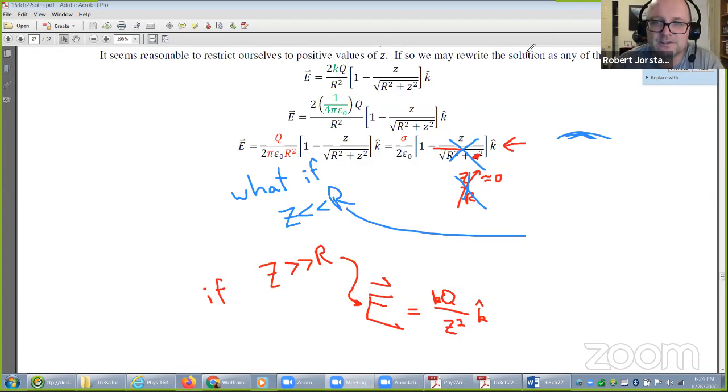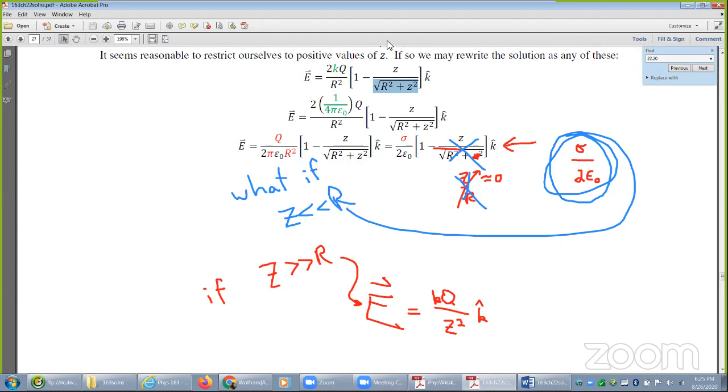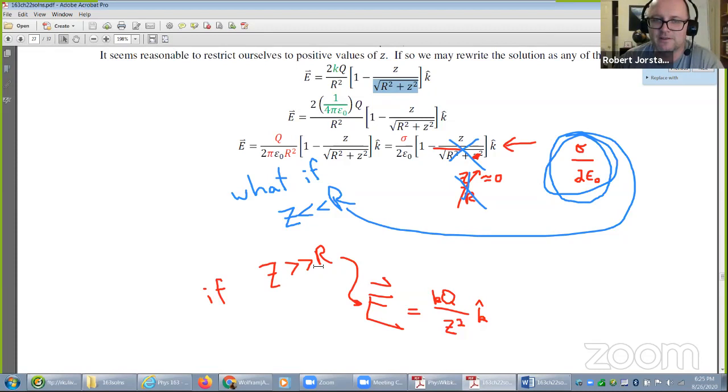All right, there's that. And the other one, you could go through the long, painful derivation to see what happens when you go the other way. And Nick, I think you brought that up, right? Is that you? So do you know what you would do if you had to pick Z much, much greater than R?